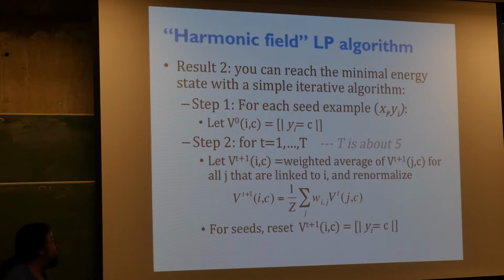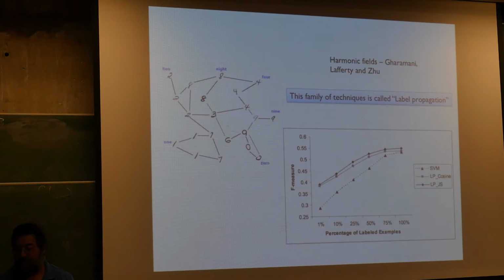So this is the algorithm. You replace each node's value for each class with the weighted average of its neighbors' values. You look at all the things it's connected to, look at their values, take a weighted sum, and that's the score you get for each class, and then you normalize. So a very simple algorithm, and it turns out to work okay. This family of techniques is called label propagation.